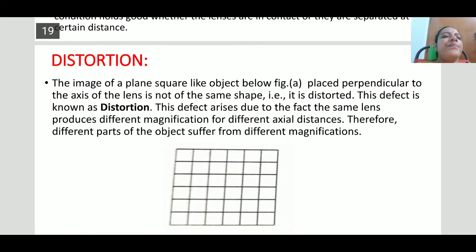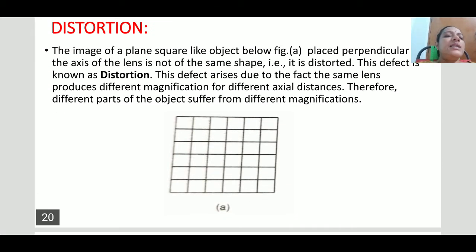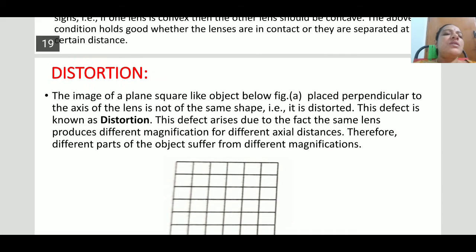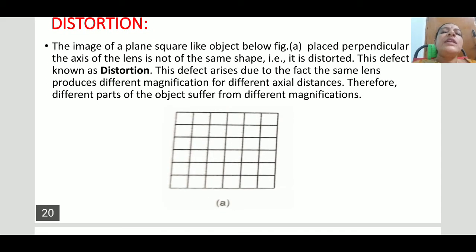Next, another type of aberration is distortion. Image distortion means an irregular shape of the image of the object.